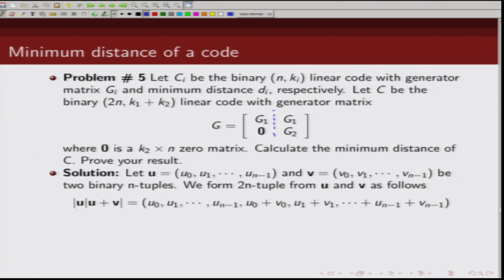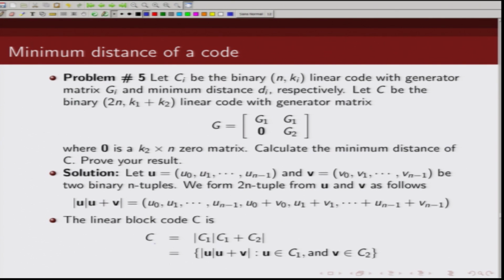So the first part contains the n-bit code word U, and the second part is the n-bit code word U plus V. This 2n length code word will have first n bits U0, U1, U2, up to Un minus 1, and the next n bits of the form U0 plus V0, U1 plus V1, and so on. So our new linear block code C of length 2n can be written in this form, where U belongs to C1 and the second n-bit part is U plus V, where U belongs to C1 and V belongs to C2.